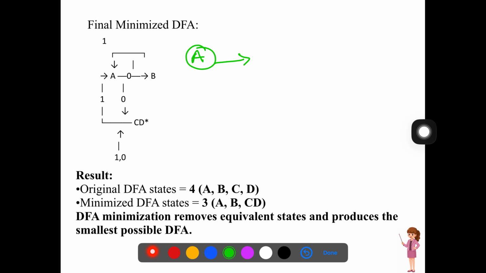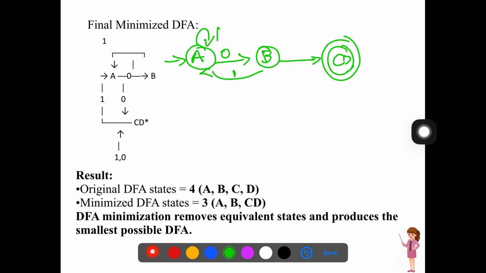A to B on 0, B to A on 1, A to CD on 0, CD to A on 1, and for CD itself it is 0 and 1, a self loop. I hope you guys understood.